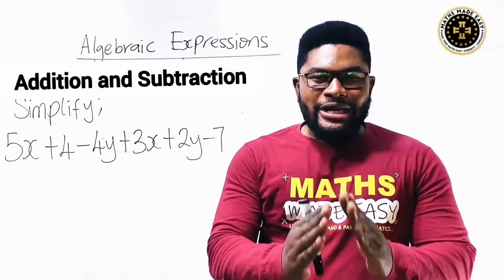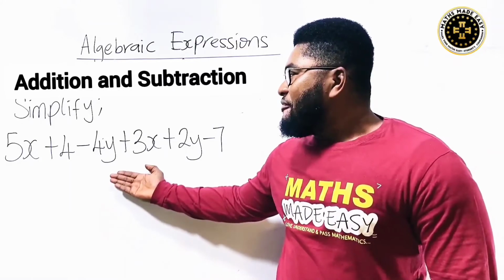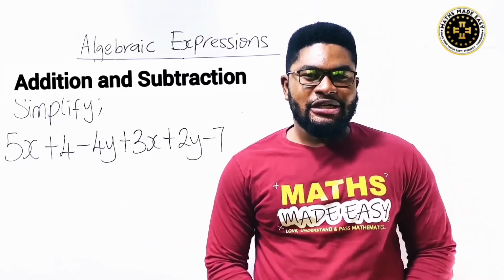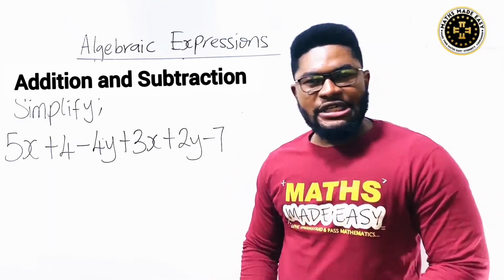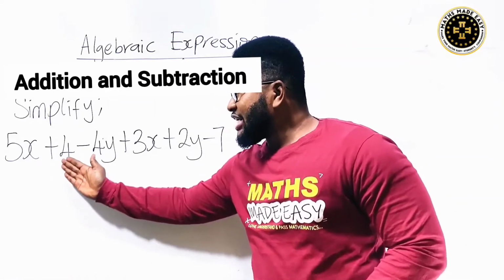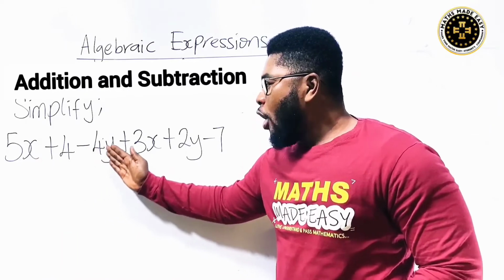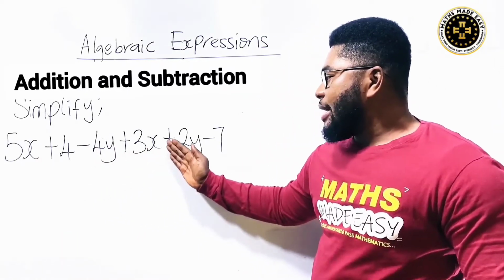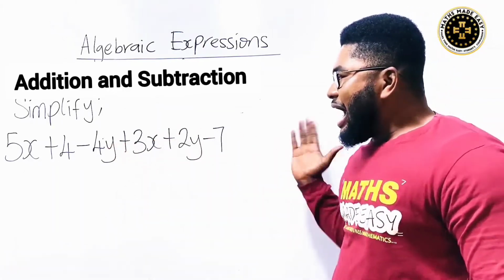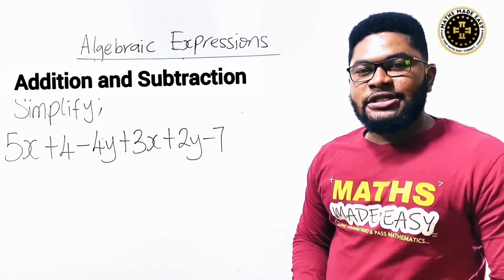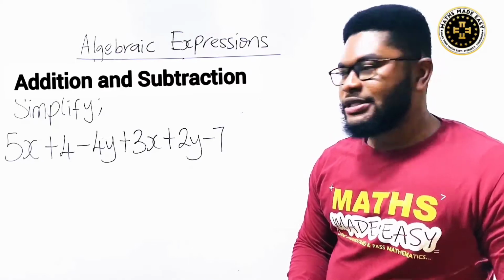Now, with that being said, let's simplify this algebraic expression with all the rules I have taught you so far. The question is 5x plus 4 minus 4y plus 3x plus 2y minus 7. There are unlike terms, so let's group like terms.